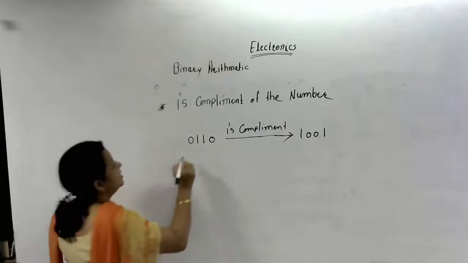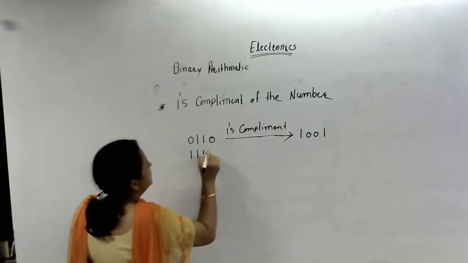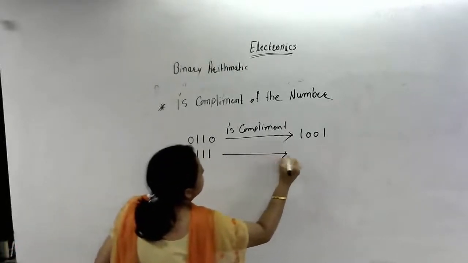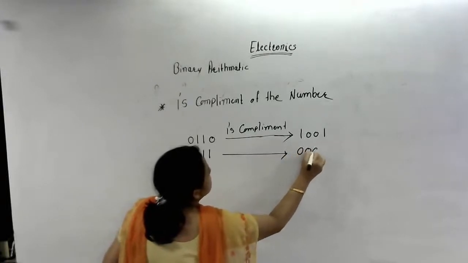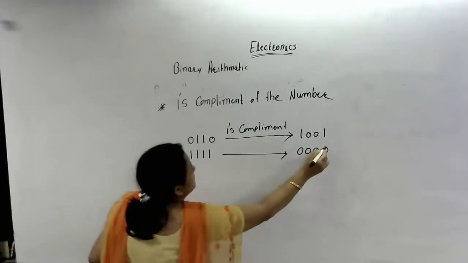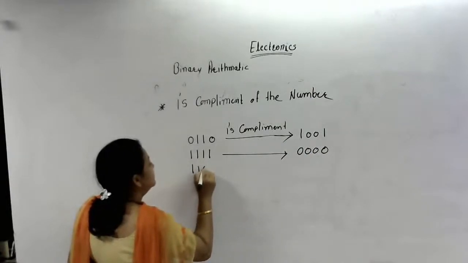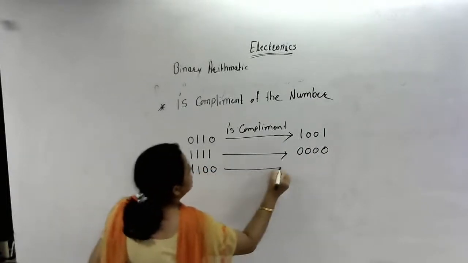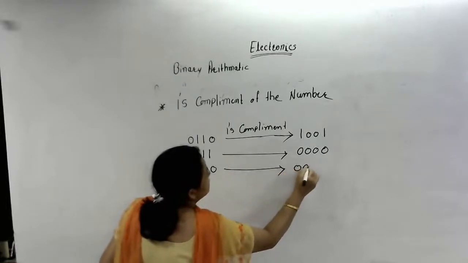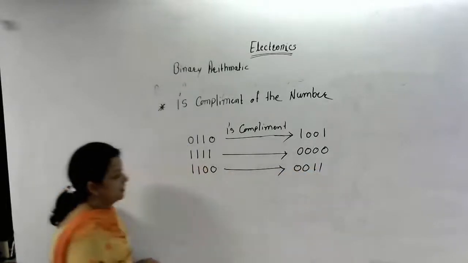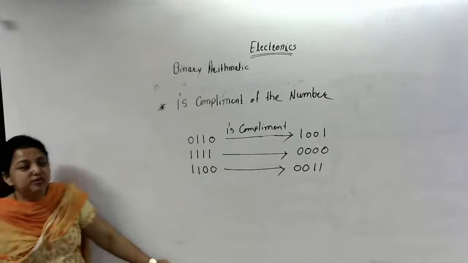For example, suppose the number is 1, 1, 1, 1. Then its ones complement is 0, 0, 0, 0. If the number is 1, 1, 0, 0, then its ones complement is 0, 0, 1, 1. Do you understand? It's so simple.